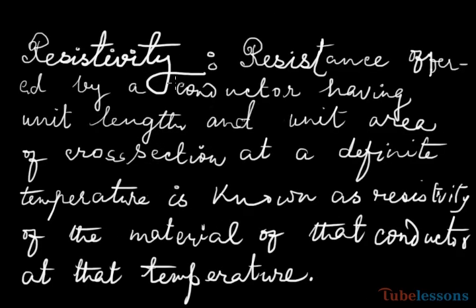Now, resistivity of the conductor is defined as the resistance offered by a conductor having unit length, that is L equal to 1, and unit area of cross section, that is A equal to 1, at a definite temperature, is known as resistivity of the material of the conductor at that temperature. So when resistivity is measured, it will be measured at a definite temperature, and it is for a particular material.